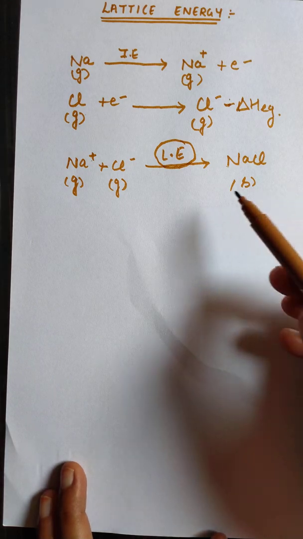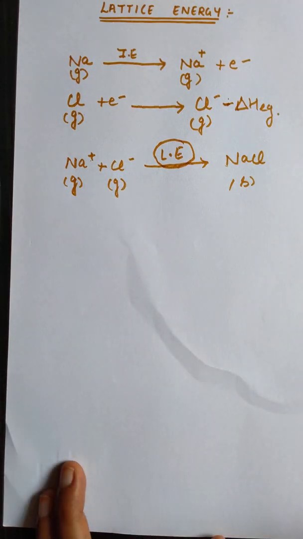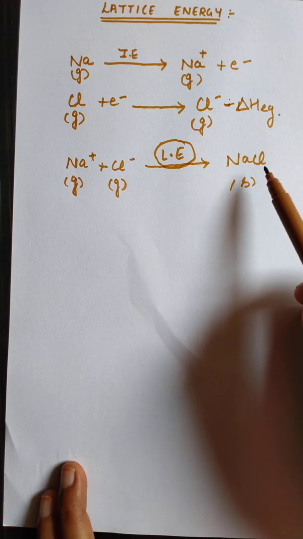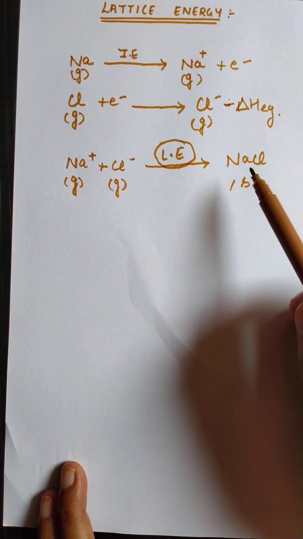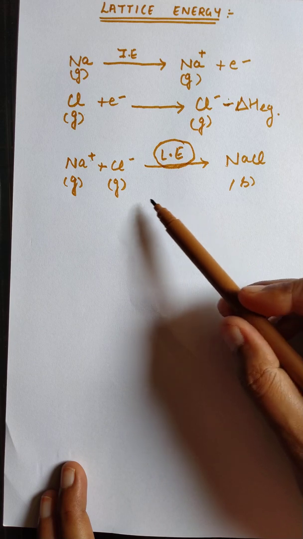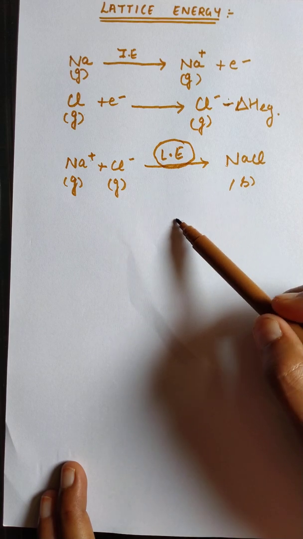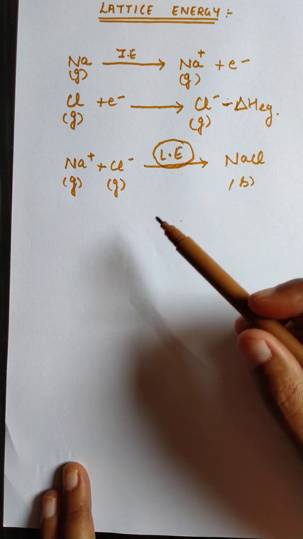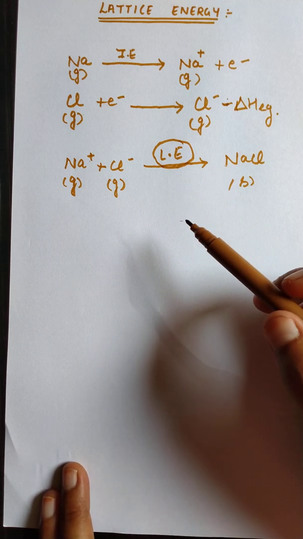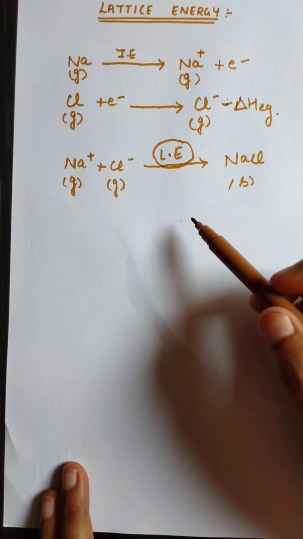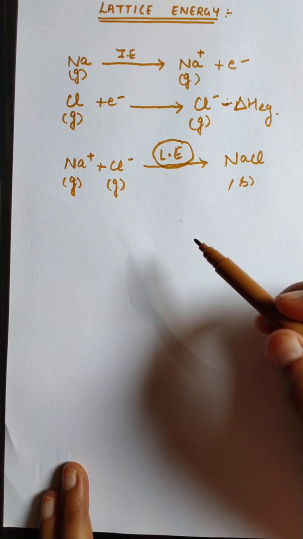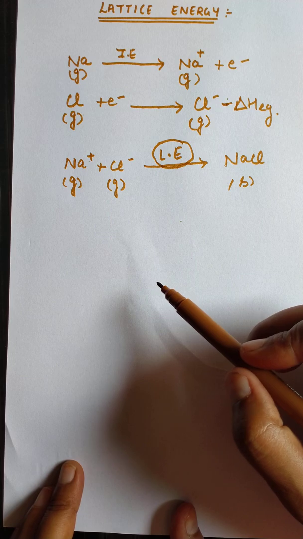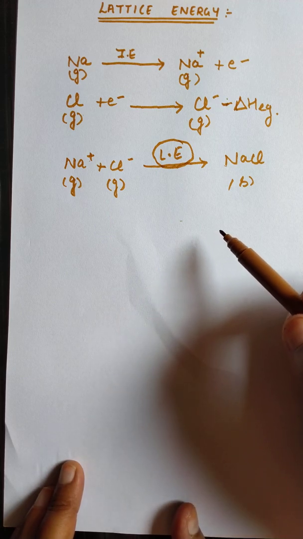If we have made 1 mole of ionic compound from these ions, and we break this 1 mole of ionic compound, then the absorbed energy will also be equivalent to the lattice energy. Generally, we do not have any particular parameters for the calculation of lattice energy, because we are not able to calculate it properly.